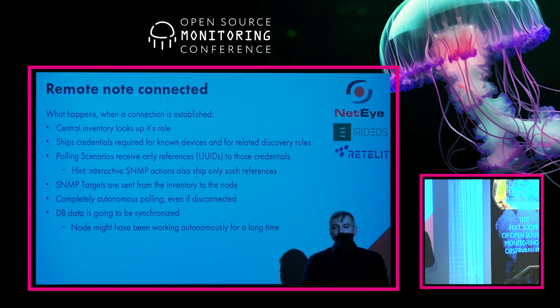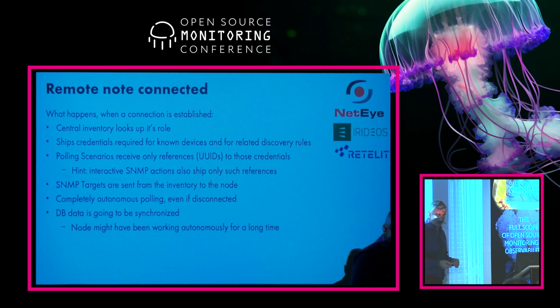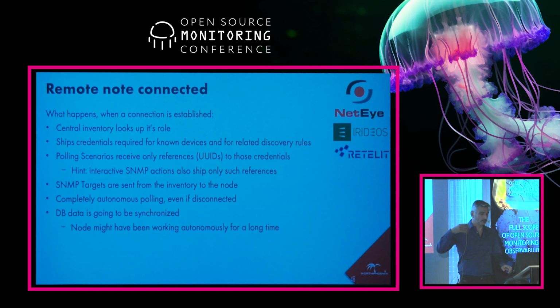Then it figures out, okay, this one is running the discovery for a lot of devices and has already inventoried a lot of devices, and then it just sends the credentials for those devices next to the data to that remote node, to allow that node to work autonomously and to poll or to run those checks at very high intervals.